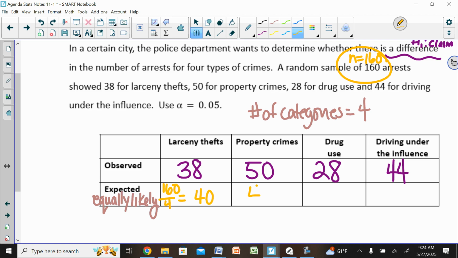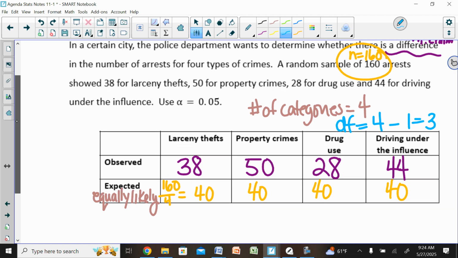So I would expect to get 40 arrests for each type of crime. All right, so all that background information is done. I can also say right here that df equals 4 categories minus 1. So when we're up to finding our p-value, we can remember that.